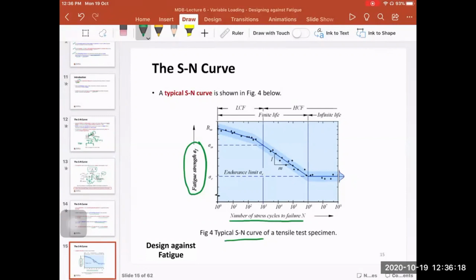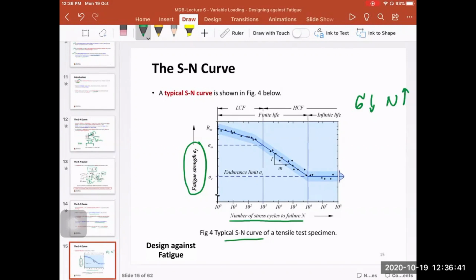And when the stress level goes down, it means that the specimen can survive more. So when sigma is small, N goes up, okay?